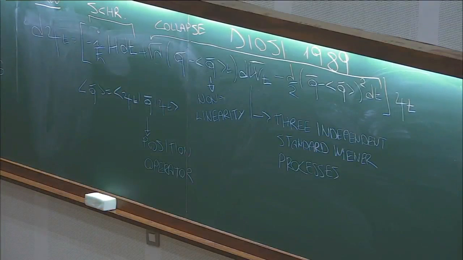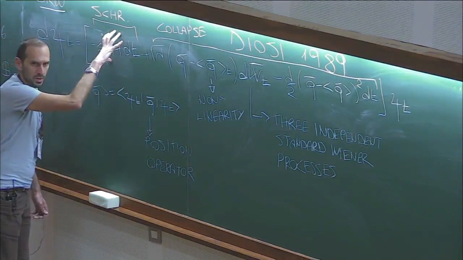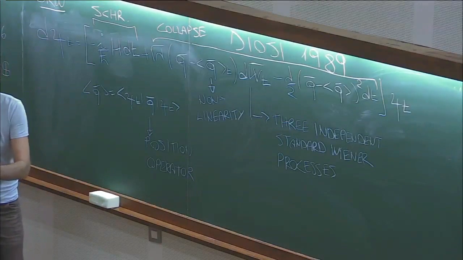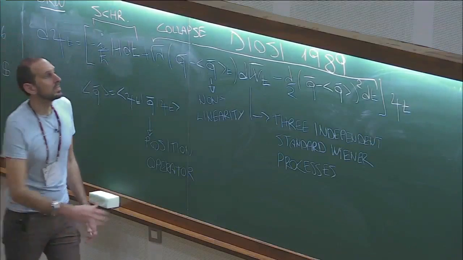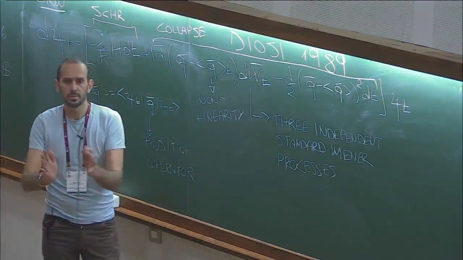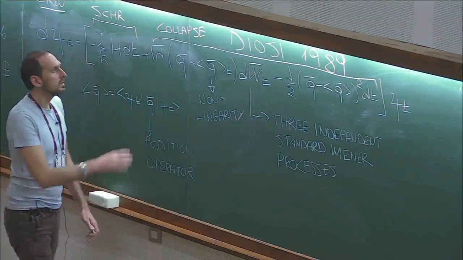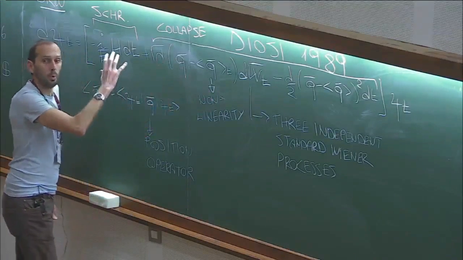So how should you read this equation? This is Schrödinger, you know. Basically, it takes wave functions and makes them spread in space, and also preserves superpositions. This one does the opposite. And so there are two competing effects. Who wins?